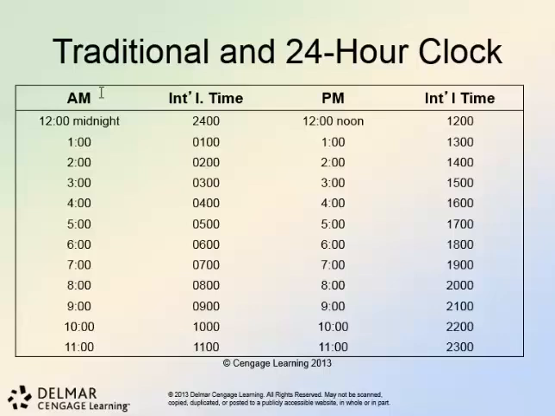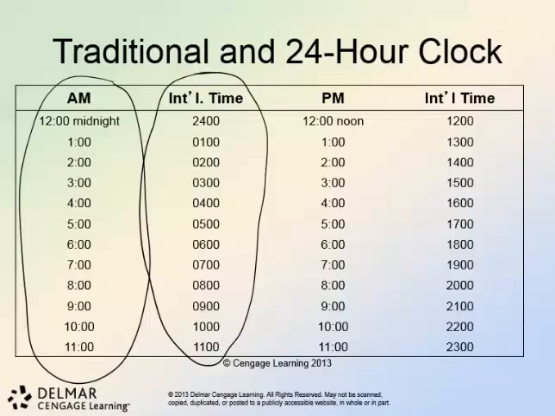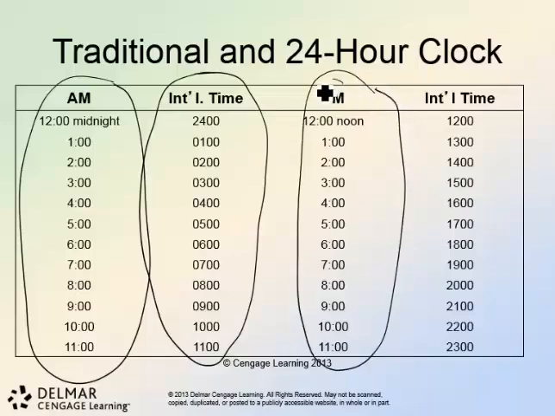So here are our traditional times on the left in AM, and then their equivalent times in international time, which again are very similar for the most part, except international time we never use AM or PM, and we never use a colon, and we have to have the 4 digits even if it does start with a 0. And then for afternoon we have our traditional times, which we would always have to put PM, and then their associated international times in the last column.